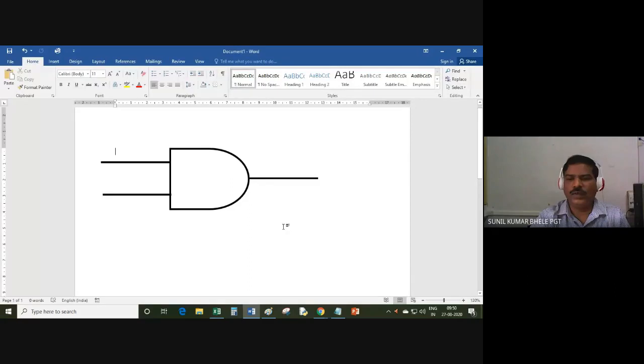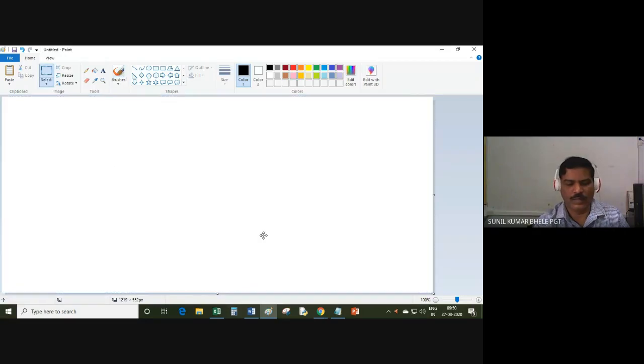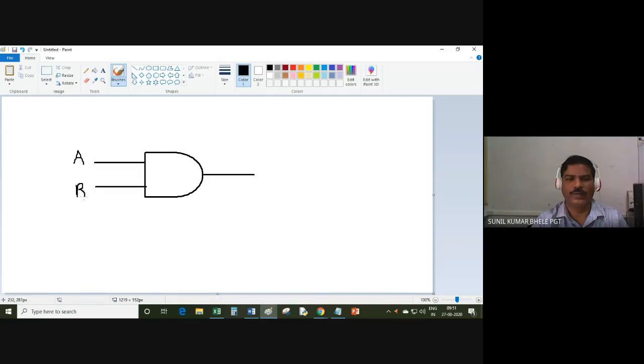So this AND gate has two or more inputs and only one output. So if the inputs are, suppose, A and B, the output will be A dot B. You know that dot is a Boolean operator.